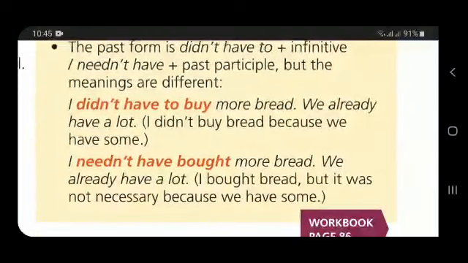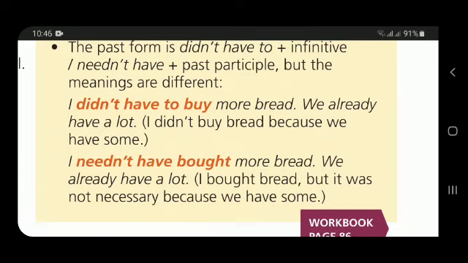Here, I needn't have bought more bread means that I have bought it. I bought it already, and in fact, we didn't need it. I needn't have bought more bread means that we already have a lot. So I bought bread, but it wasn't necessary because we have some.